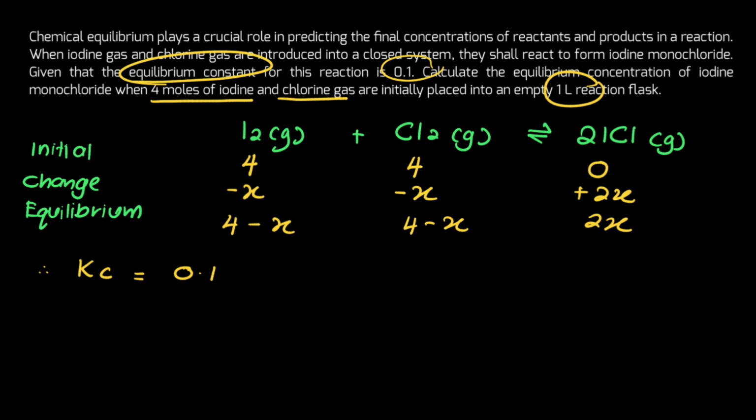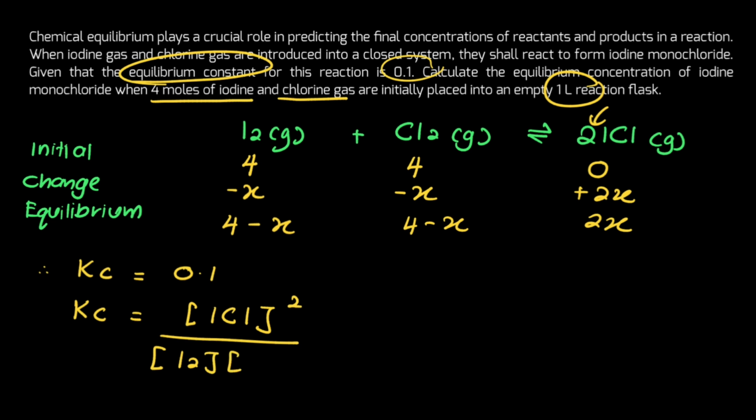Since all of this is already in molarity, your Kc is whatever is in the product divided by whatever is in the reactant. So the concentration of ICl to the power of 2, because you have 2 here, over the concentration of iodine gas times the concentration of chlorine gas.